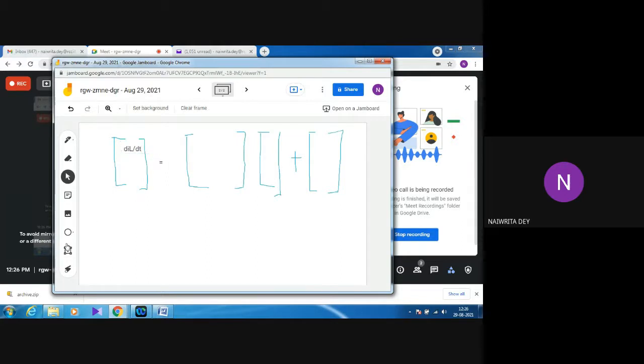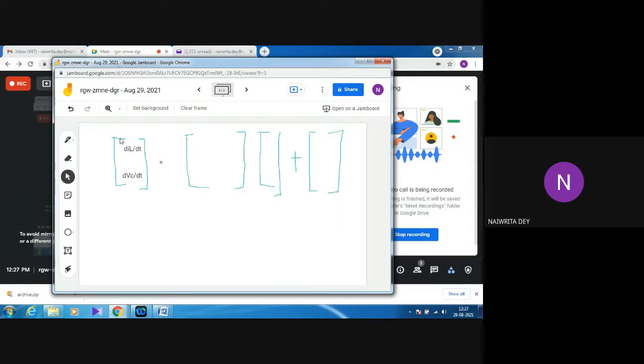Okay, this is one term, and the other term is dVc, right? So because of dIL, that means IL dot.